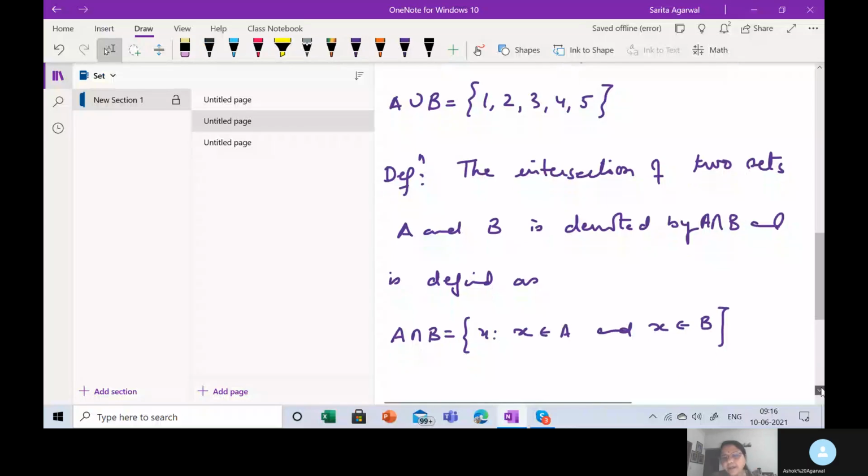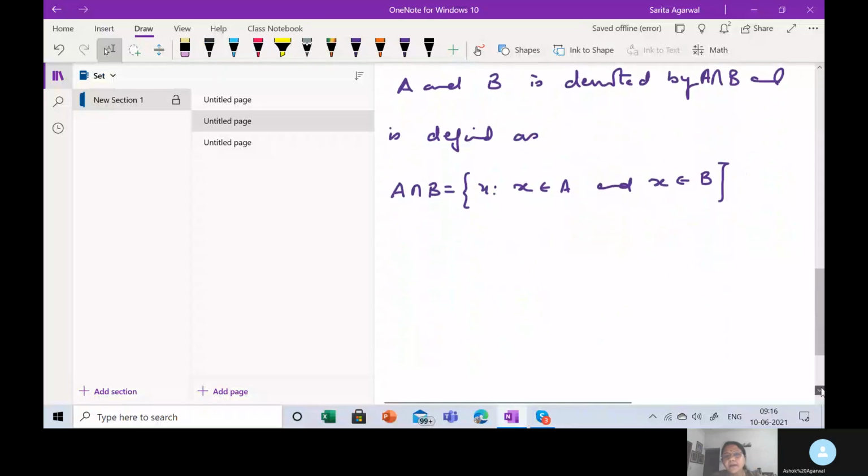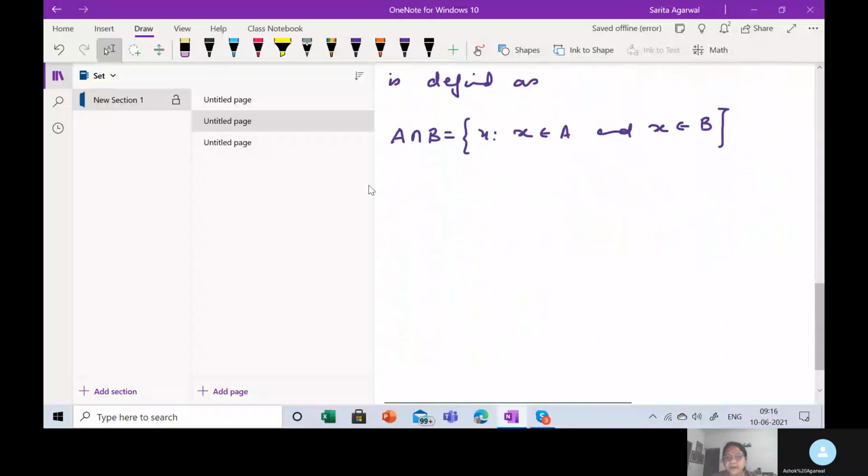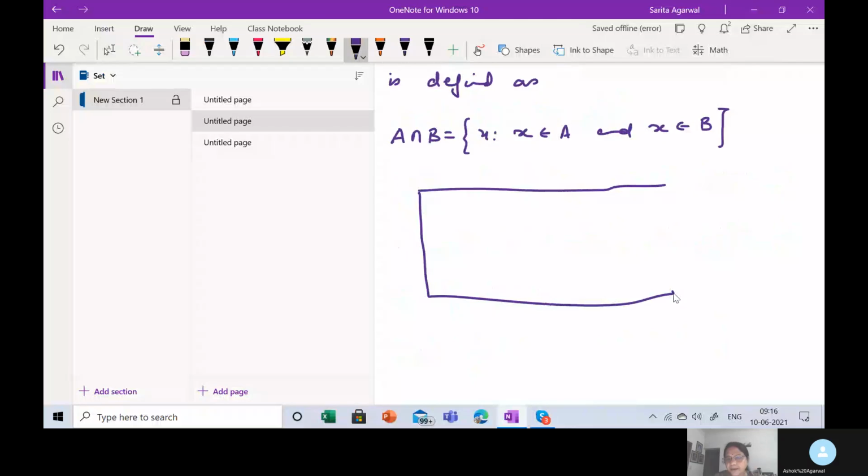In the Venn diagram, as we have discussed, these are the common elements.